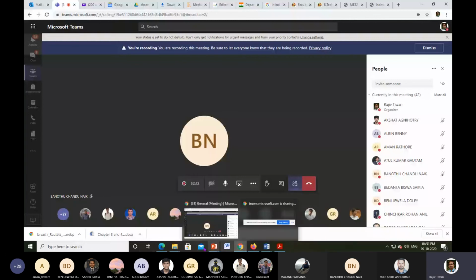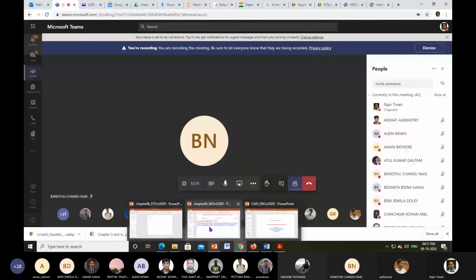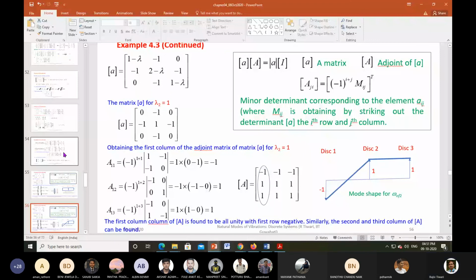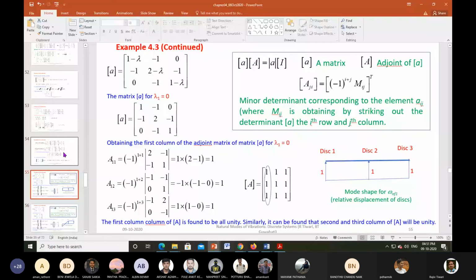Sir, in the last example, 4.3, page 56, the A matrix is, I think, different. Okay, so you change it. I think some typo error maybe there. Sir, but we are getting 3 different columns.